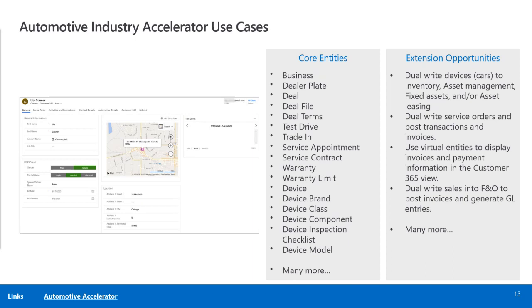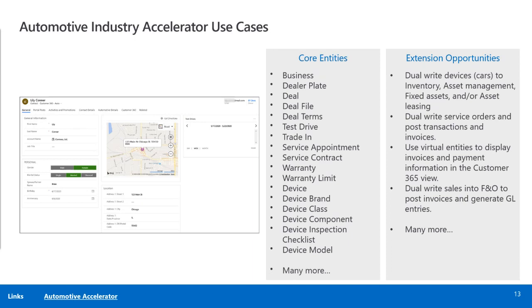If some of your vehicles or autos that are in your stock are actually fixed assets, you could record those as assets, or if they're being leased, you could dual write those over into asset leasing.